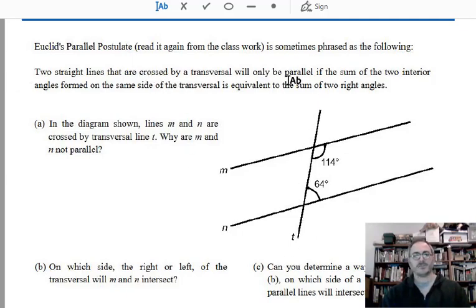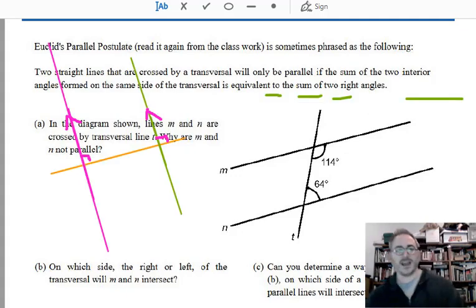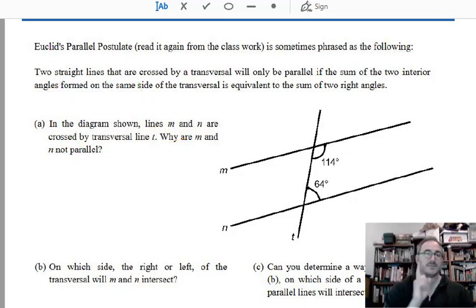So two straight lines that are crossed by a transversal will only be parallel if the sum of the two interior angles formed on the same side of the transversal is equivalent to the sum of two right angles. Woo! That's a mouthful. Even I have to think about exactly what that's saying. You might want to pause the video here, read that two, three, four times until you think you've got it, and make a guess about what you think it's saying.